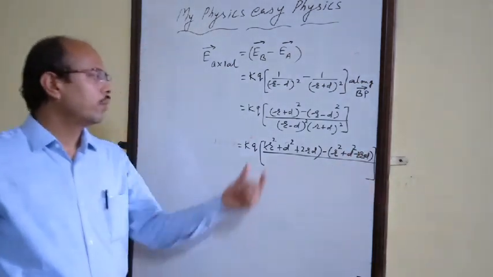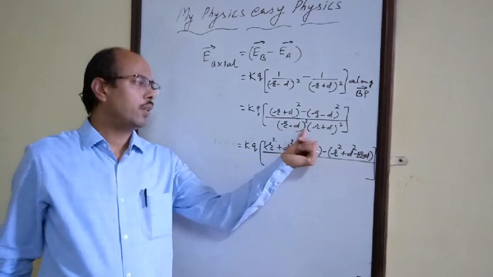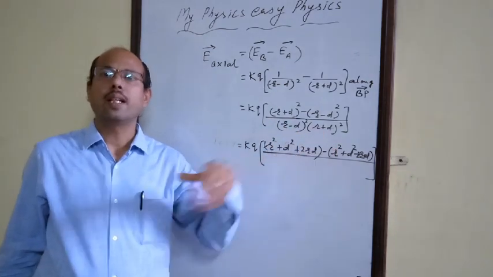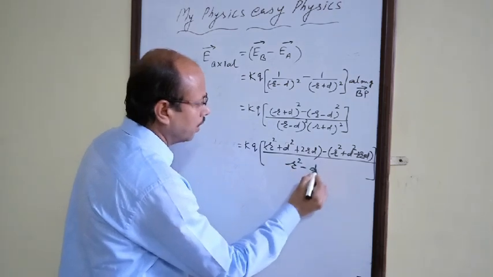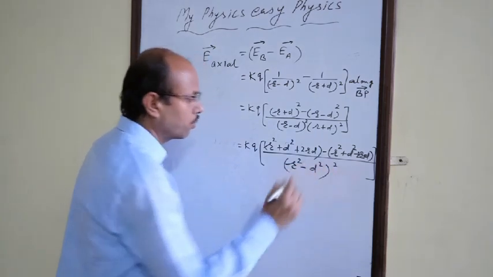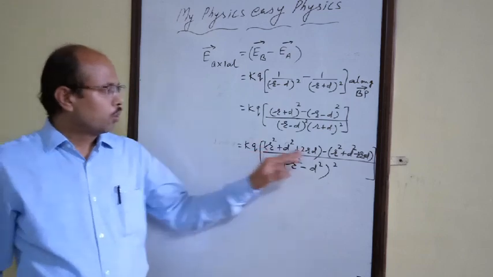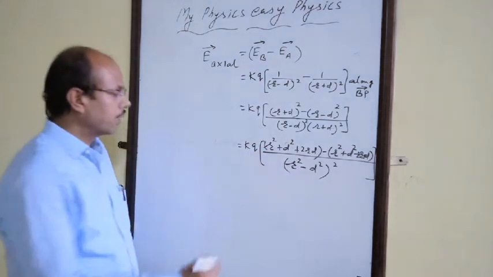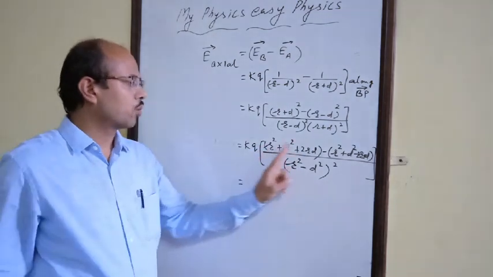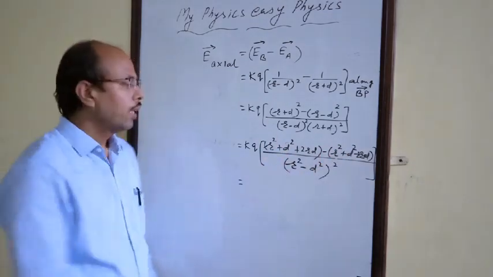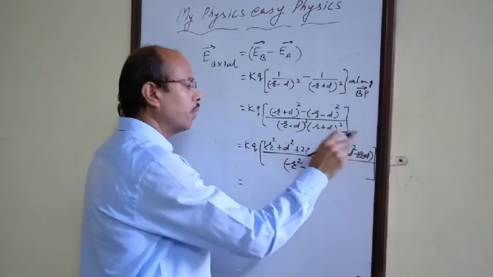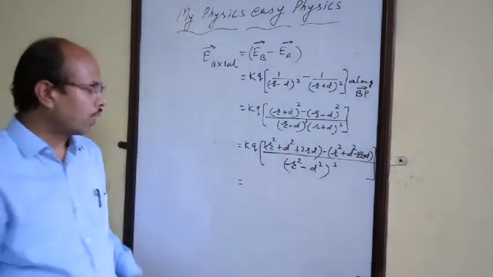And in the denominator, we can use the identity (A minus B) into (A plus B), that is A square minus B square. Therefore, we can write (R square minus D square) whole square. In the numerator, most of the terms have been cancelled out. R square cancels out. D square cancels out. And 2RD and minus of minus 2RD will become 4RD.